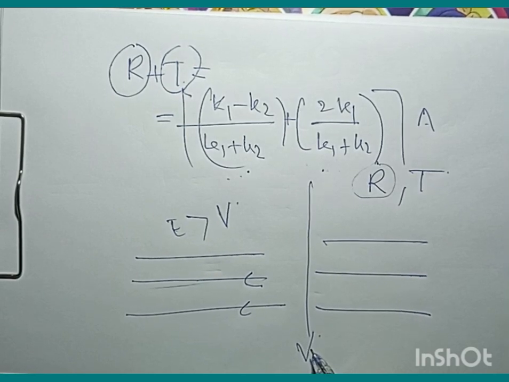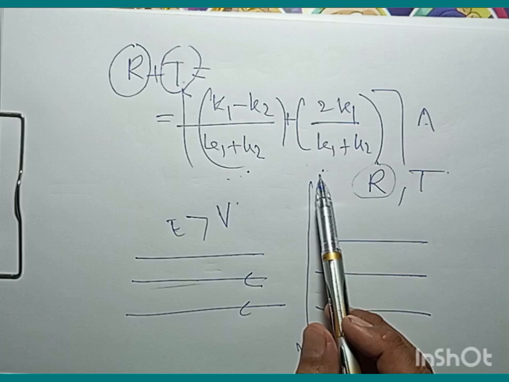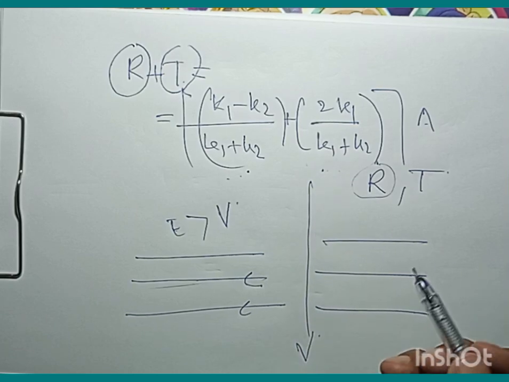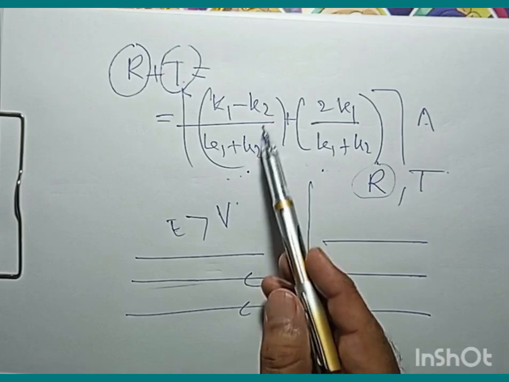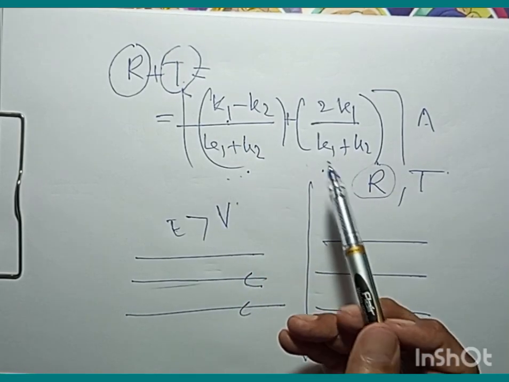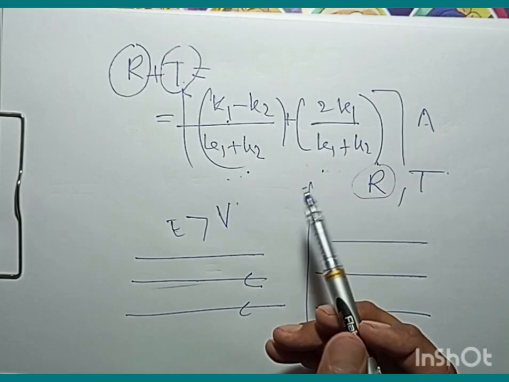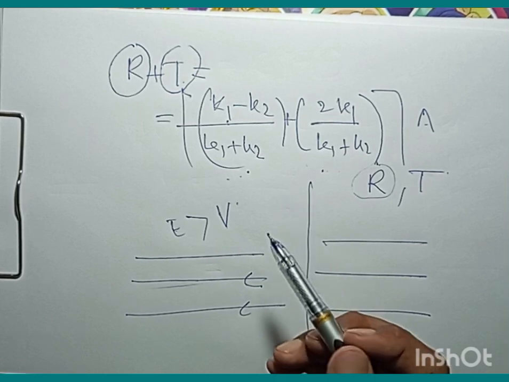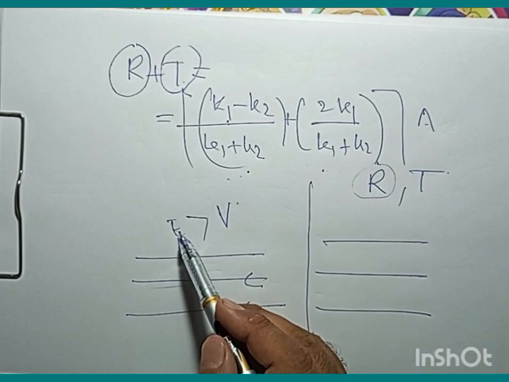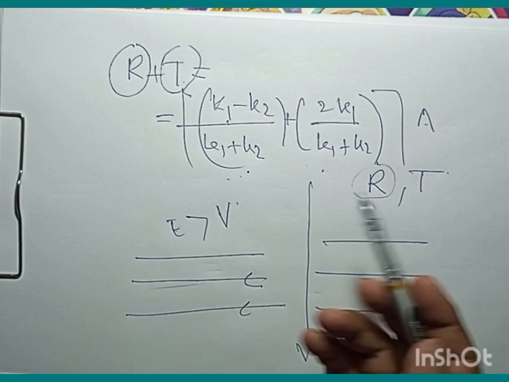And from the equations of R and T that we have calculated in terms of K1 and K2, what these equations suggest is that as E gets smaller, T also gets smaller.